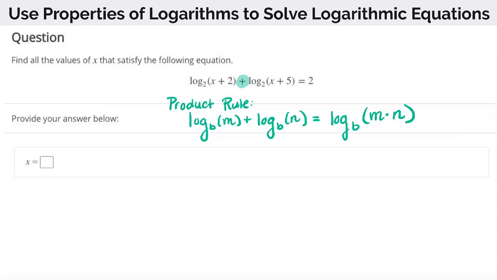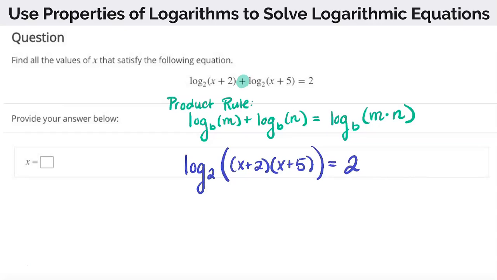So what that's going to look like here, we keep our log base 2, but now on the inside, we're going to take the product of those two inputs. So the x plus 2 and the x plus 5. And that's all equal to 2, right?